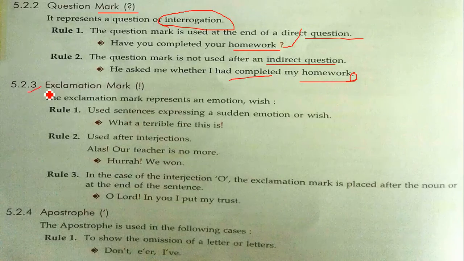The third punctuation mark is the exclamation mark. The exclamation mark represents an emotion or wish. Rule number 1, for sentences which we use to express sudden emotion or wish, we use it: what a terrible fire this is!